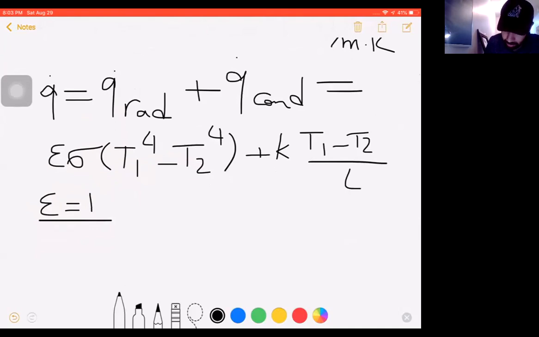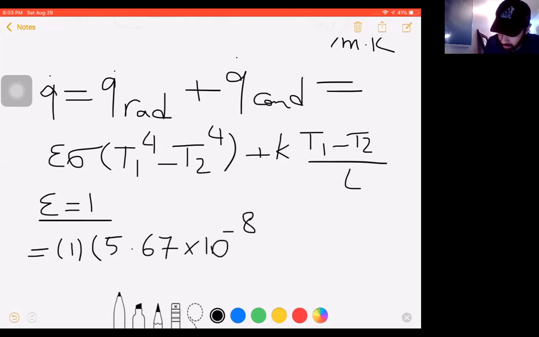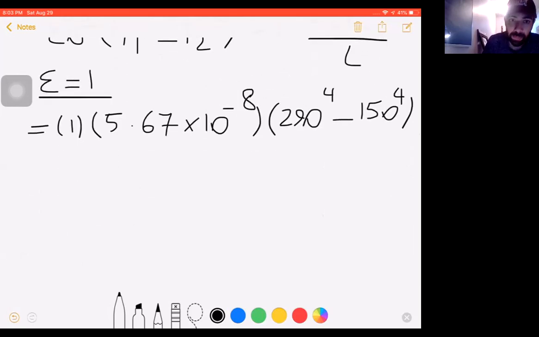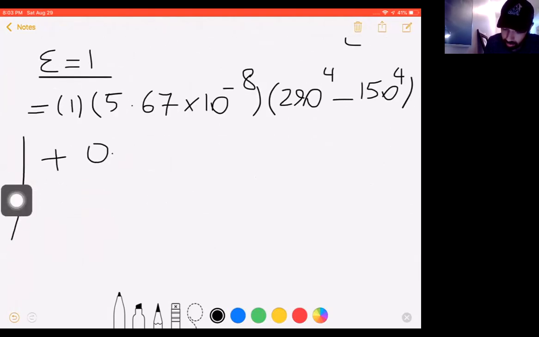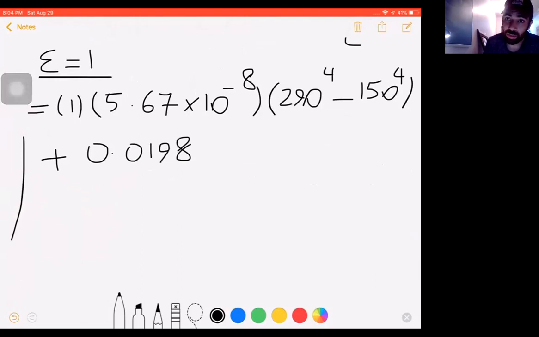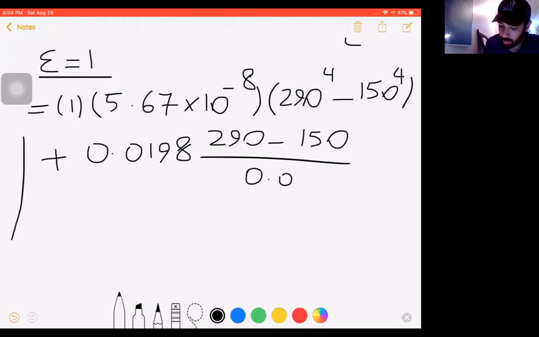And substituting the amounts will give us 1 times sigma, which is 5.67 times 10 to the power of minus 8, times T1, which is 290 to the power of 4, minus 150 to the power of 4, plus the thermal conductivity constant for the air, which was found to be 0.0198 for the average temperature of 220 degrees Celsius, times the temperature difference 290 minus 150 over the length of 0.02.